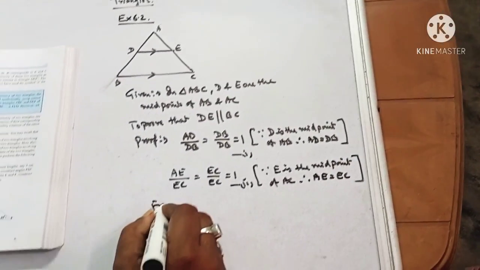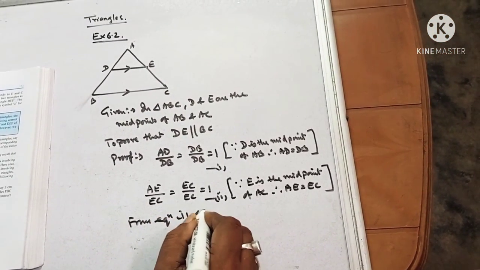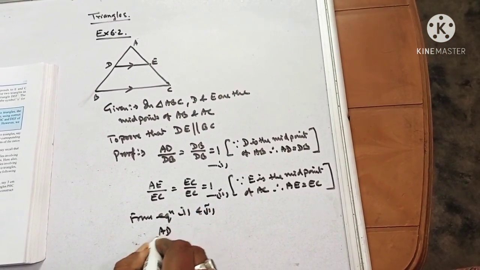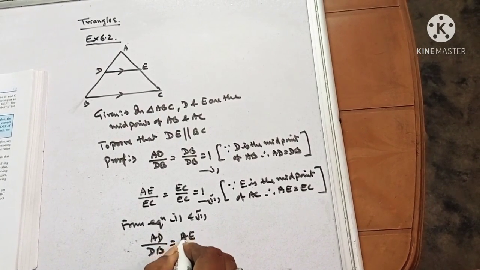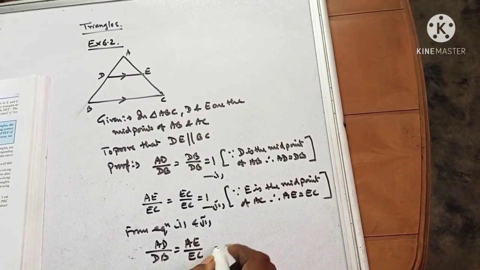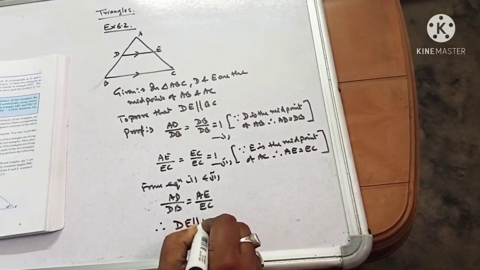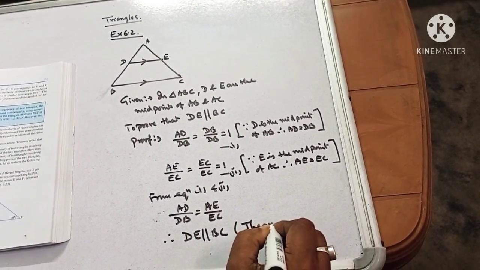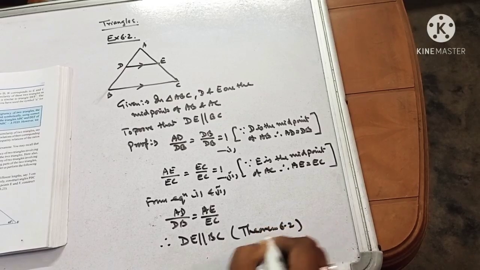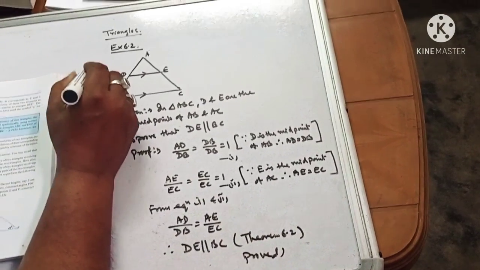So from equation 1 and 2 we get AD by DB is equal to AE by EC, and therefore your DE is parallel to BC from theorem 6.2. This is proved.